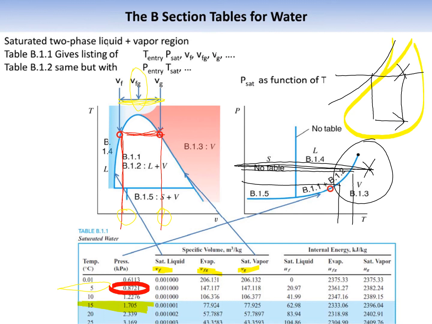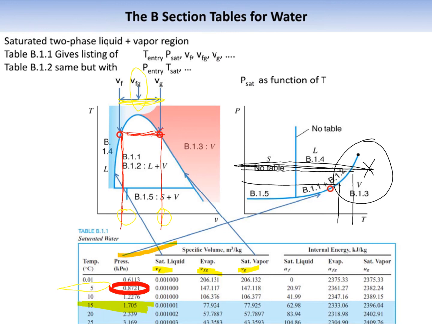This is the line of saturation in PT diagrams. If we have for instance 15 degrees centigrade, let us draw it again. Now you can see if we have a saturation pressure, and the system is exactly at the saturation temperature, then it will be on this line, on the circle.